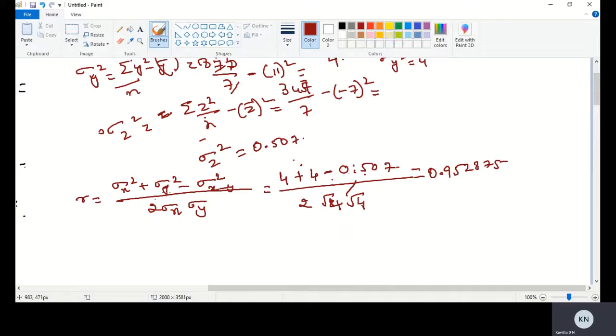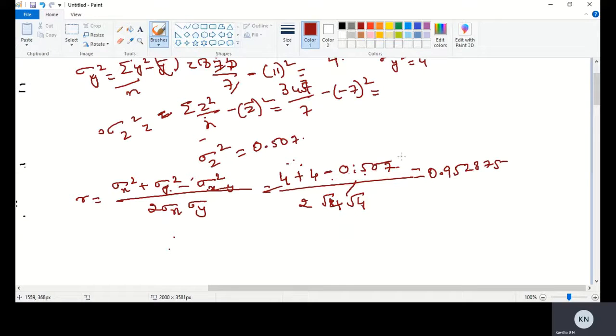Then sigma x square is 4, sigma y square is 4 minus sigma z square is 0.507, divided by 2 into sigma x into sigma y, where sigma x is the square root of 4 and sigma y is the square root of 4.